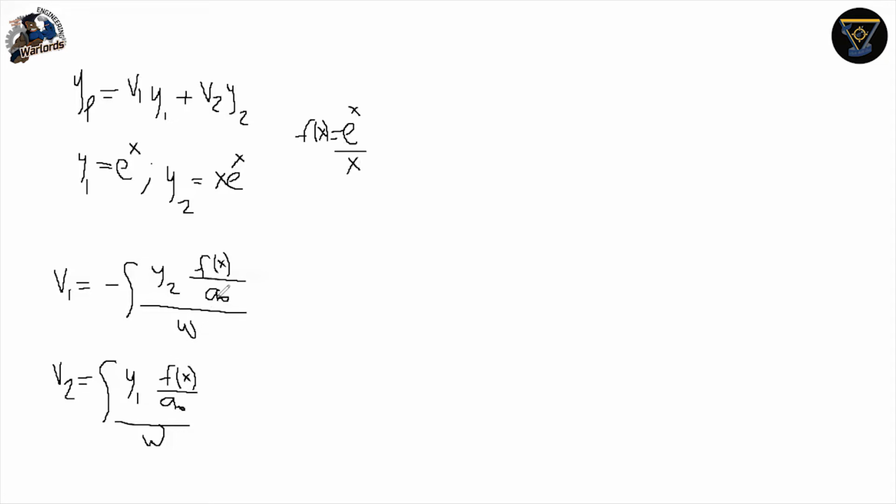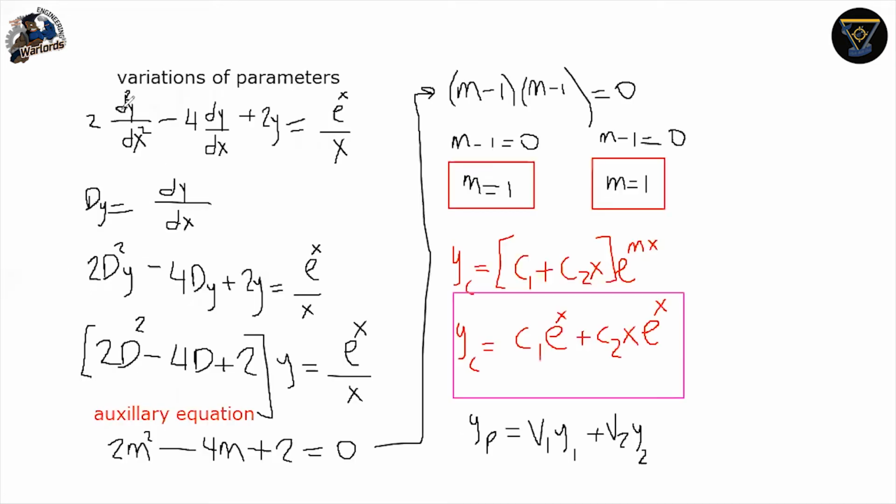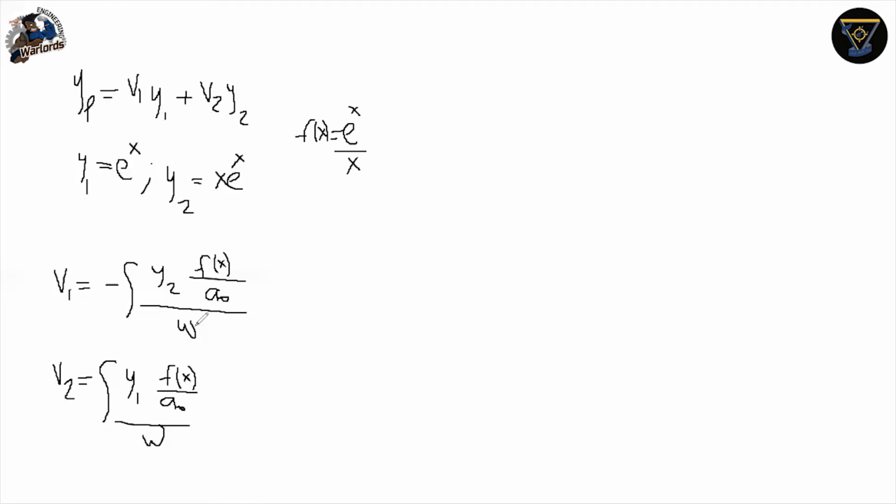And a naught now is the first value that we have for the d squared. So that would be the 2, because it is the first value that we have here. So all we need now is W, which is the Wronskian value.